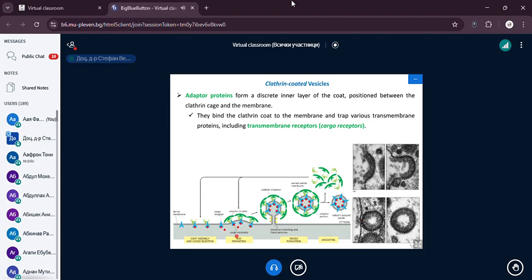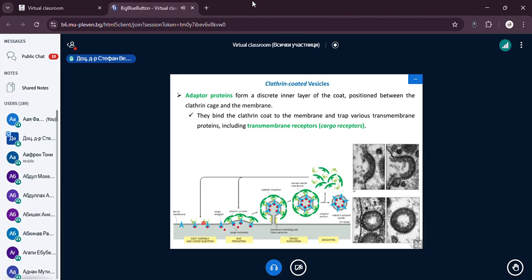For example, here it is the plasma membrane. That's the cytoplasmic surface, and here is the cytosol, that's the extracellular surface. We saw that clathrin coated vesicles form from the plasma membrane and also from the trans-Golgi network. The example here is the plasma membrane.